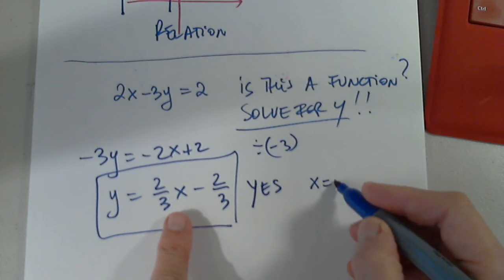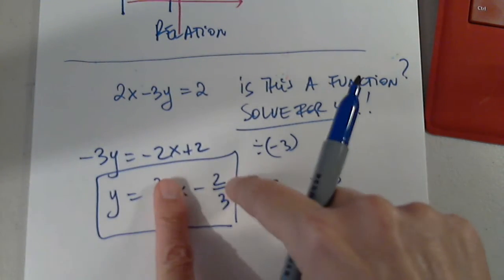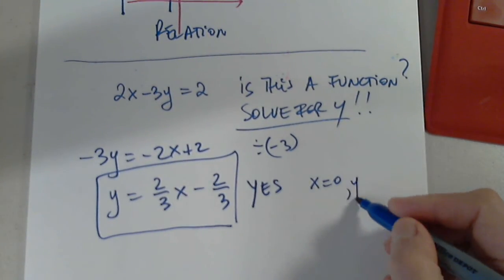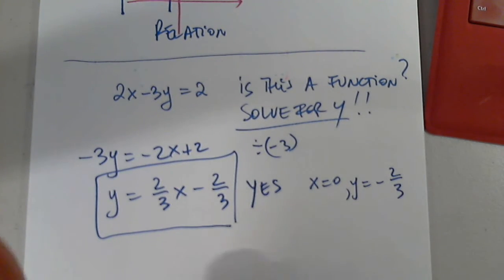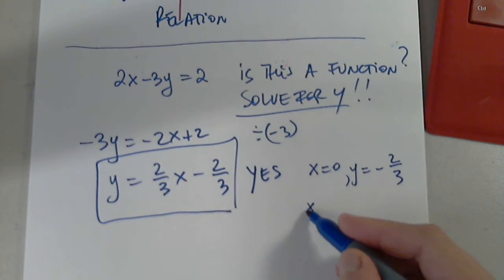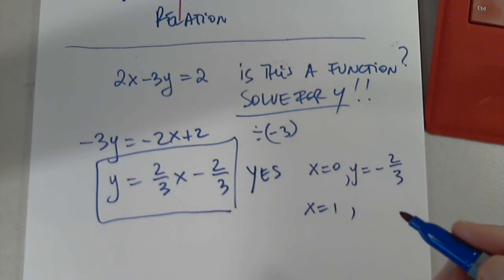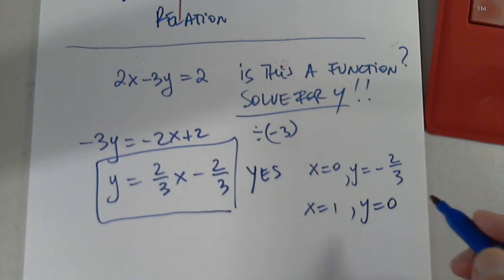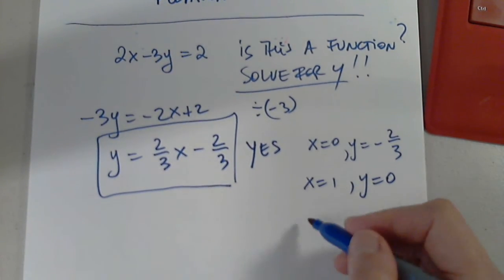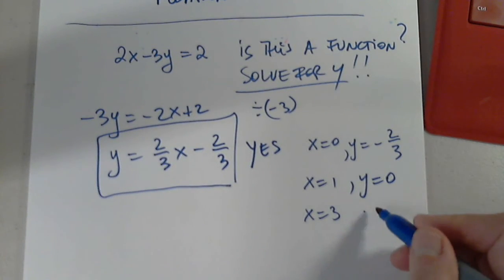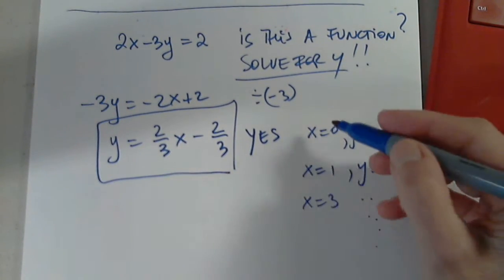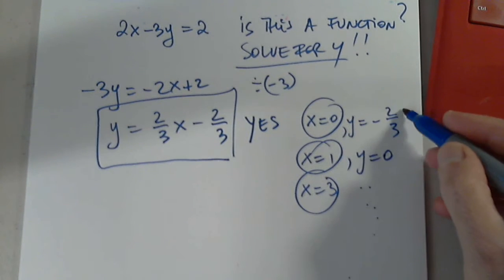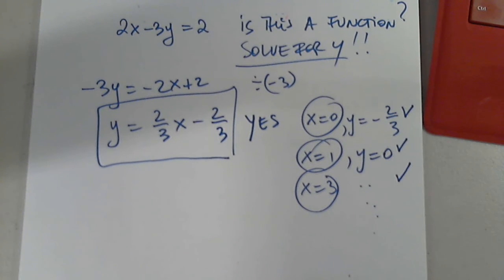Because when I make x equals 0, for example, I get y equals -2/3. Just one value. When I make x equals 1, I get y equals 0. Just one value. When I make x equals 3, and so on and so forth. For every x value, I will only find one y value.